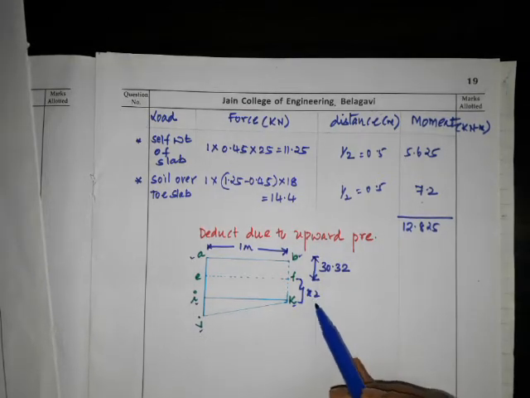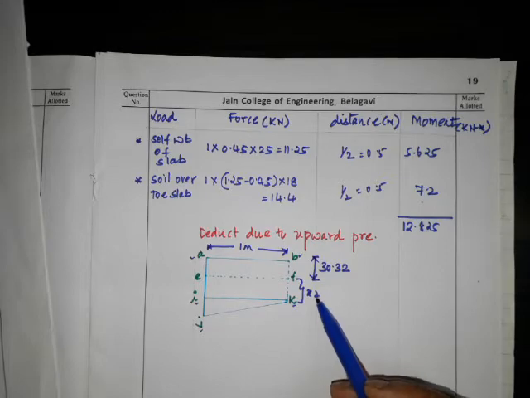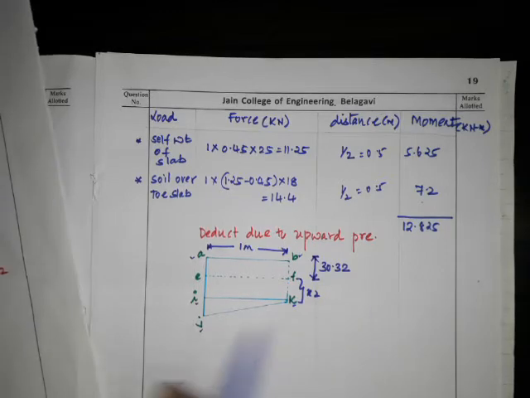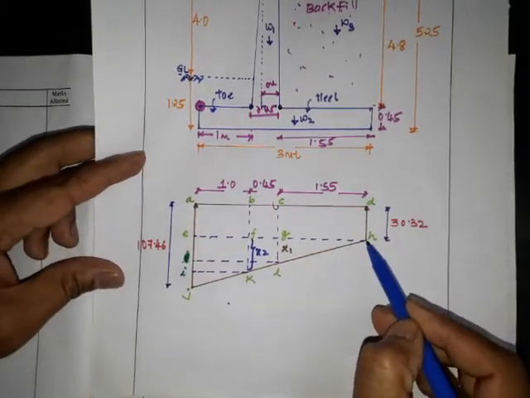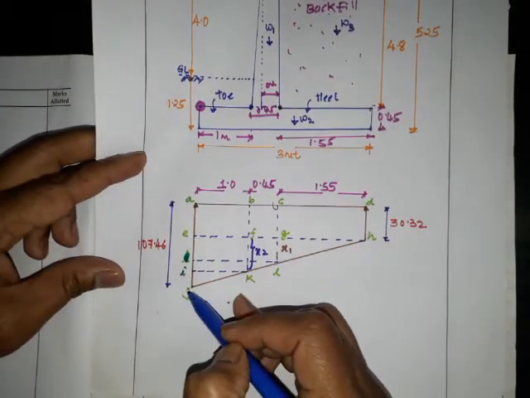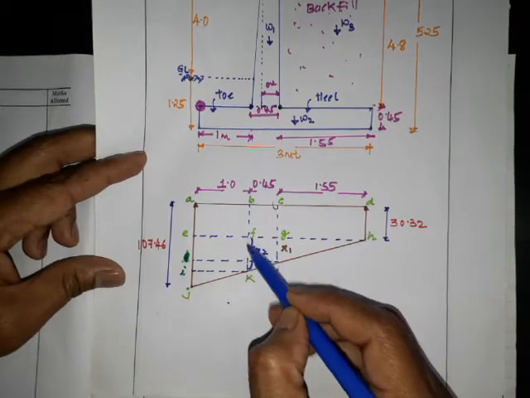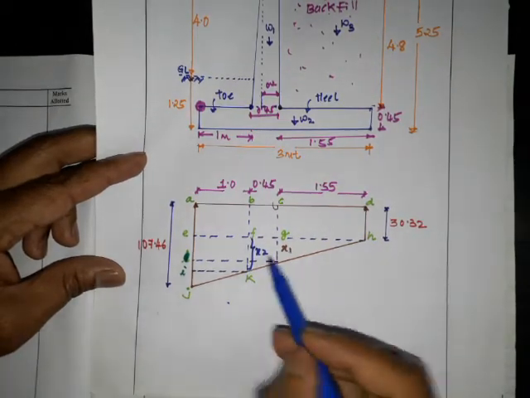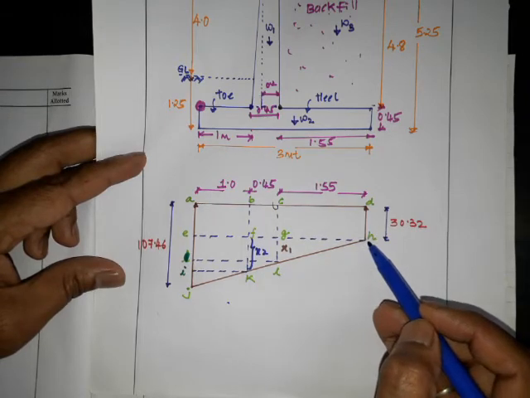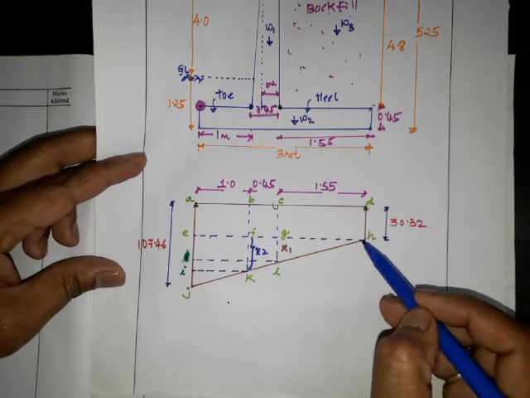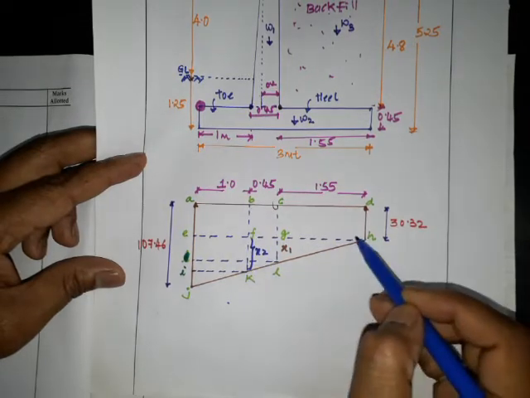So we have to find out x2 here now. So for that x2, you have to consider again similar triangles here. So this divided by this divided by this, we can find out.